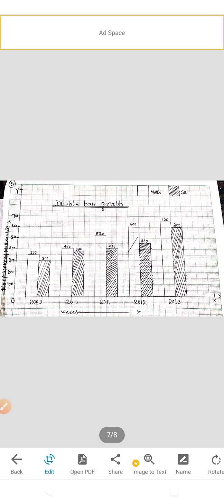So write 100, 200, 300, 400, 500, 600, 700. Now draw a rectangle whose height is 350.